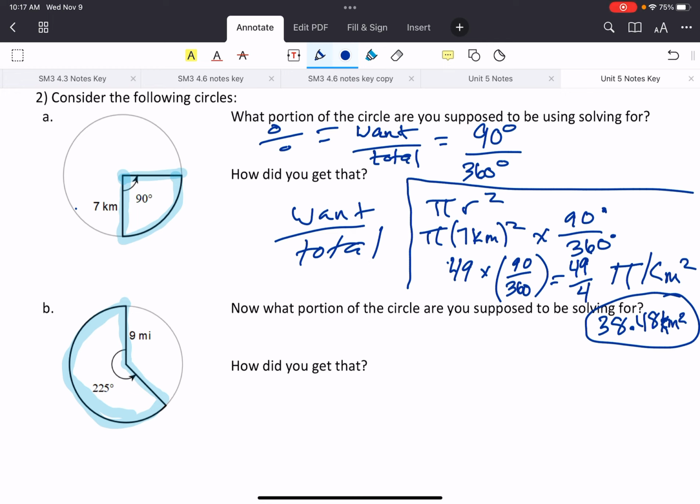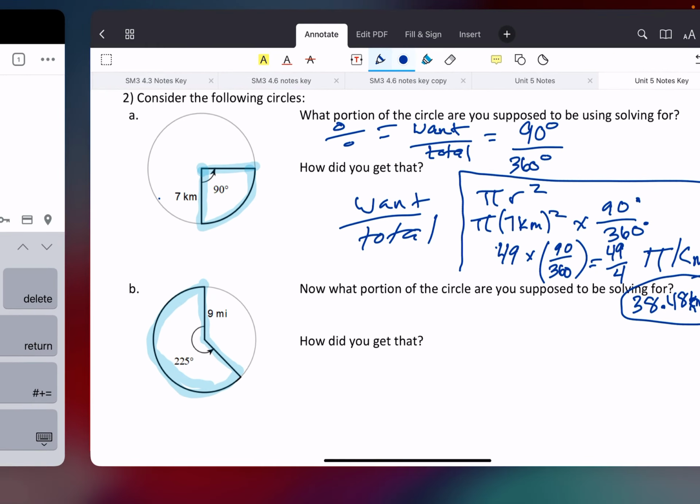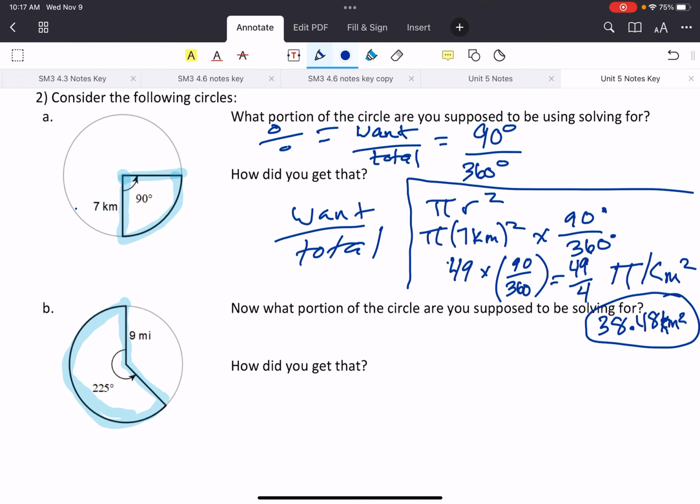Let's go ahead and figure out what the fraction for the percent would be for this one. But then I want to move on to the next page to give us the actual equation for it. What is the percentage of this circle that we're trying to find? So 225 degrees over 360. This is the percent, it's what we want divided by the total. 225 degrees divided by 360.